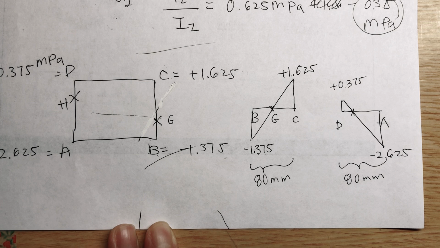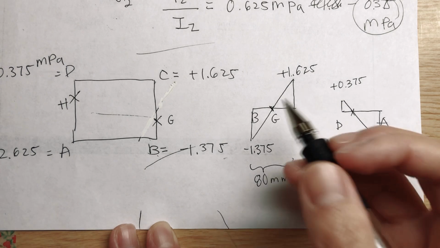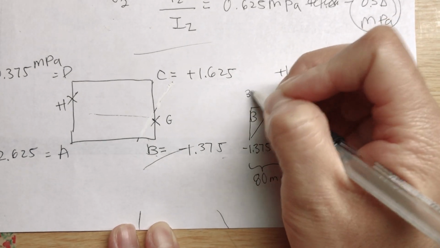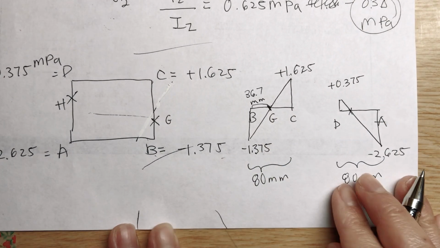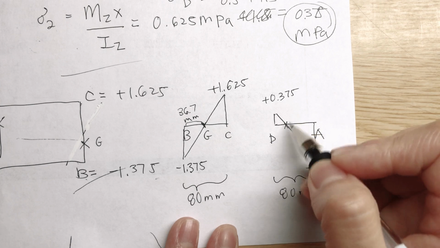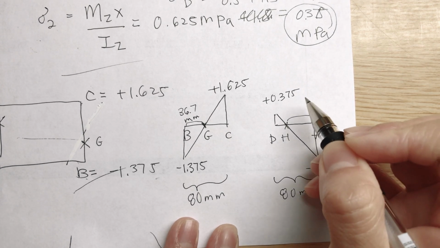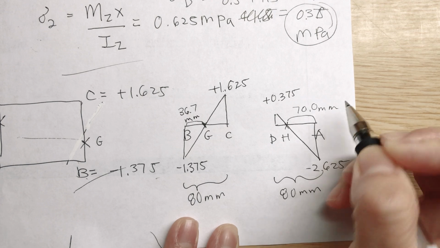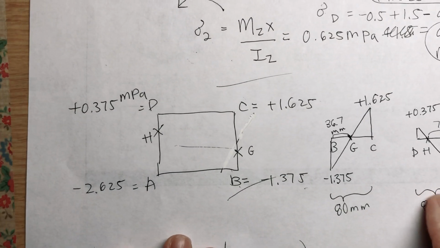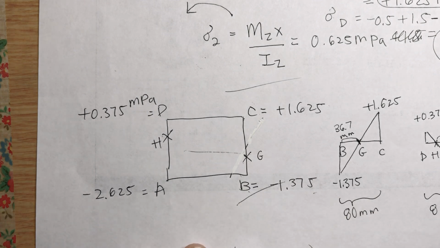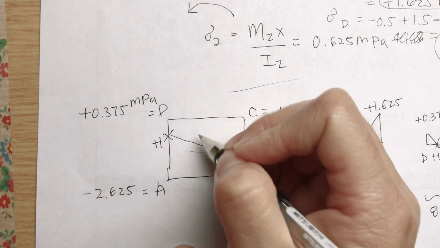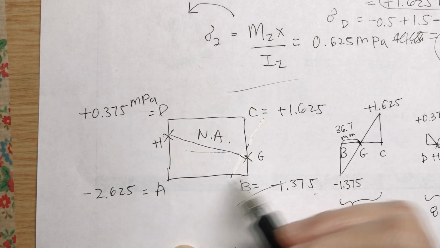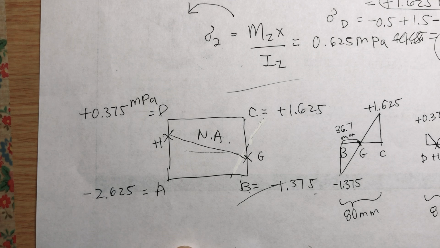Okay, so slide 24 tells you the ratios that you can use, and then you find that BG is 36.7 millimeters and HA is 70.0 millimeters. Okay, so we found the point where this is the neutral axis for this ABCD cross section where stress equals 0.